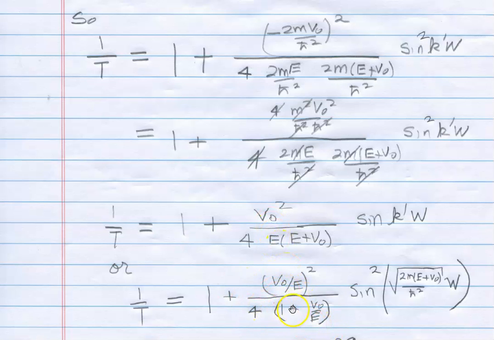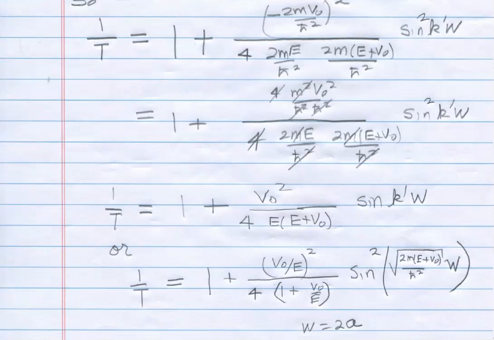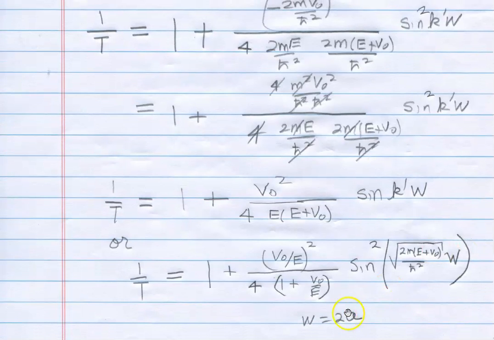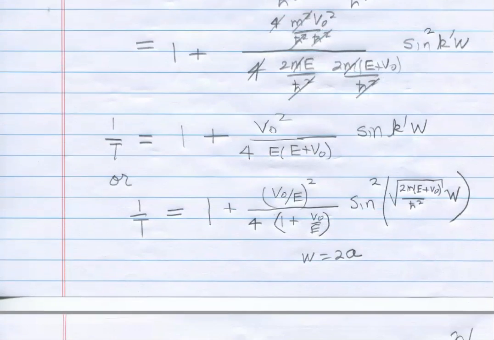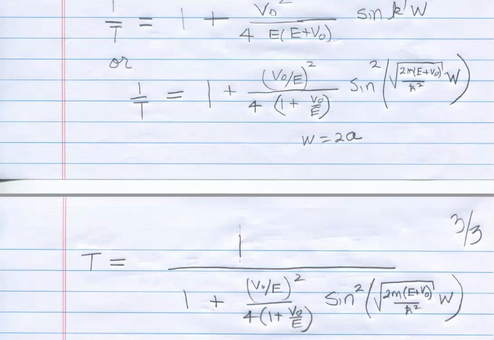And the thing that's nice about this is it shows that v naught and energy e are both energy units, and so this whole coefficient is dimensionless, as is everything really in here. And again, remember w is twice the well radius. w is the diameter or the width of the well. And that's really 1 over t, so let's look at the transmission coefficient.